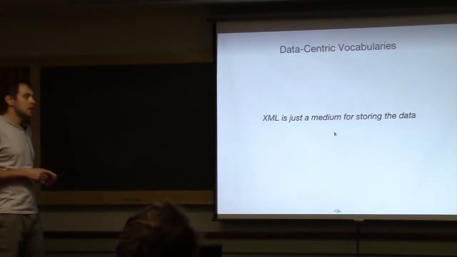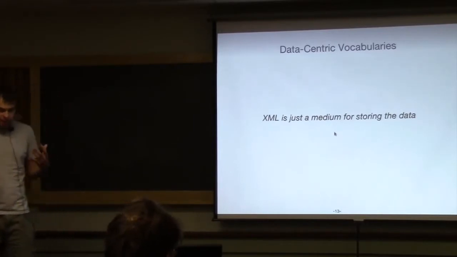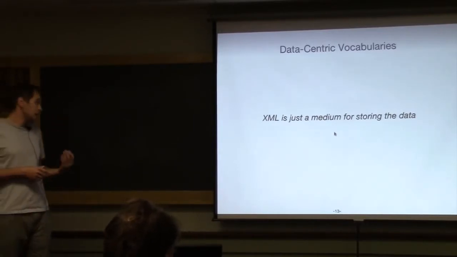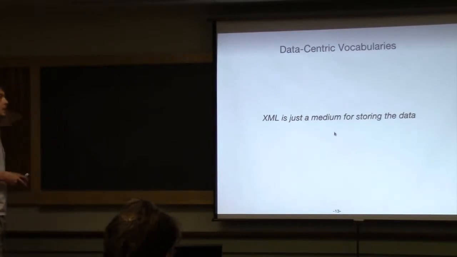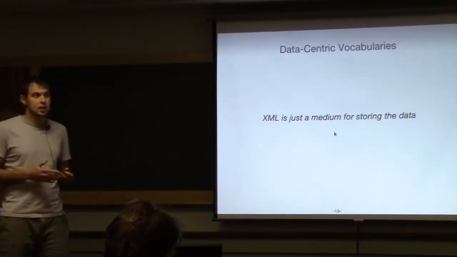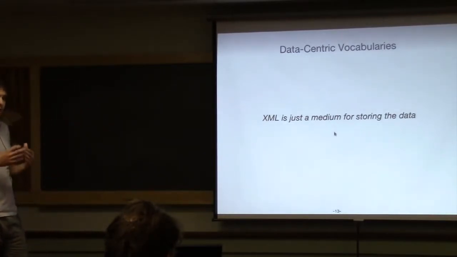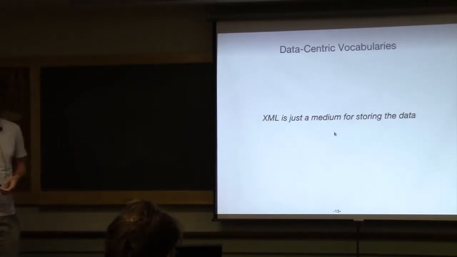When you see enough XML vocabularies, you will notice that there are 2 common kinds: data-centric and document-centric. Data-centric vocabularies use XML as just a medium for storing the data. They have a very regular structure, and the order of the elements is usually either fixed or doesn't carry any semantic.